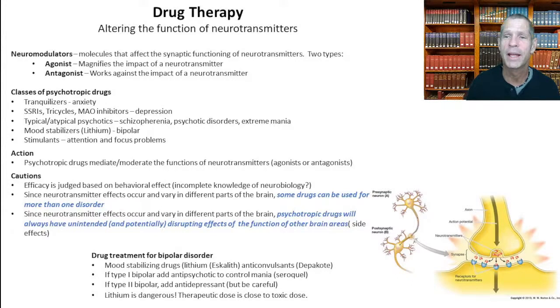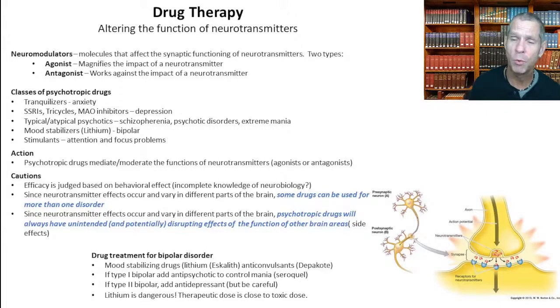And what we know is that these neurotransmitters acting in different parts of the brain cause us to experience different things. They cause us to experience emotions, motivations. They make our body move, and they make our body not move. So we know that these neurotransmitters are very important for our psychological functioning.